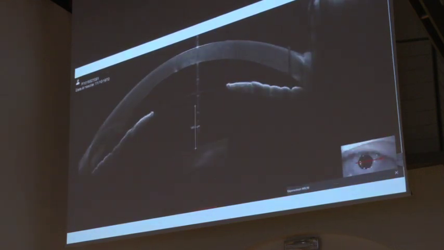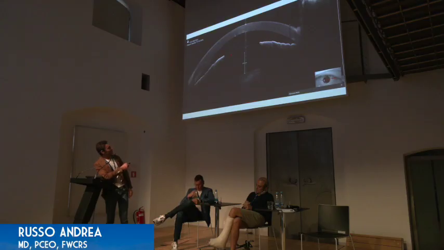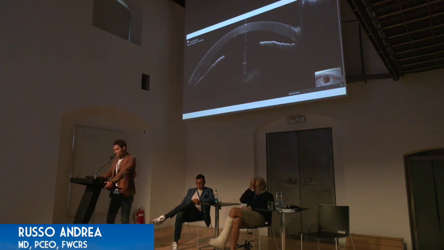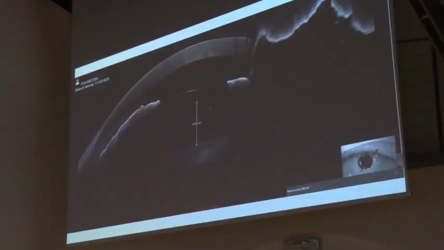This is another nice case of extreme high vaulting, and as you can see, this was a hyperopic ICL because you can see the shape, which is positive, and you are missing the central hole. In this case, of course, the vaulting was too high, 1.5 millimeters, and we decided to explant this ICL.